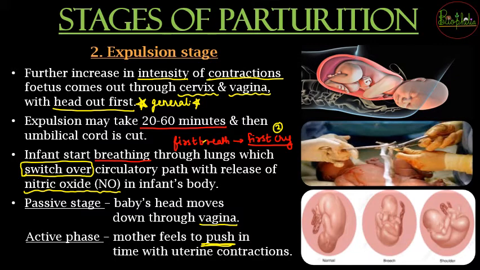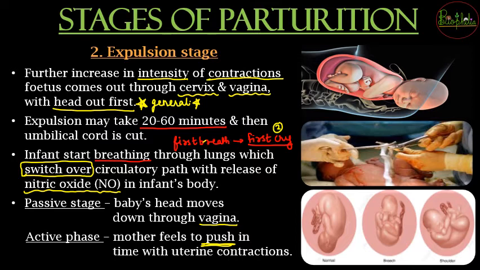In movies and dramas you must have seen people urging the mother to push. That is nothing but the active phase of the expulsion. During that, along with the uterine contractions, the mother's willingness to contract the muscles is going to give positive feedback to help remove the baby more easily.